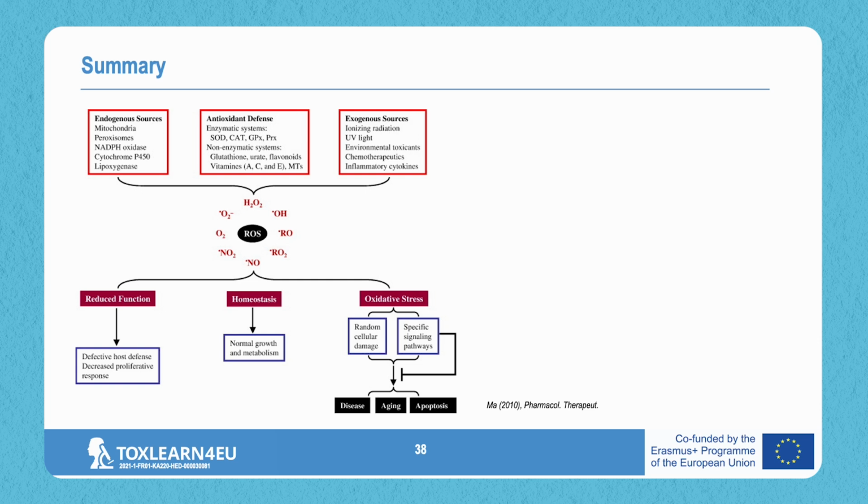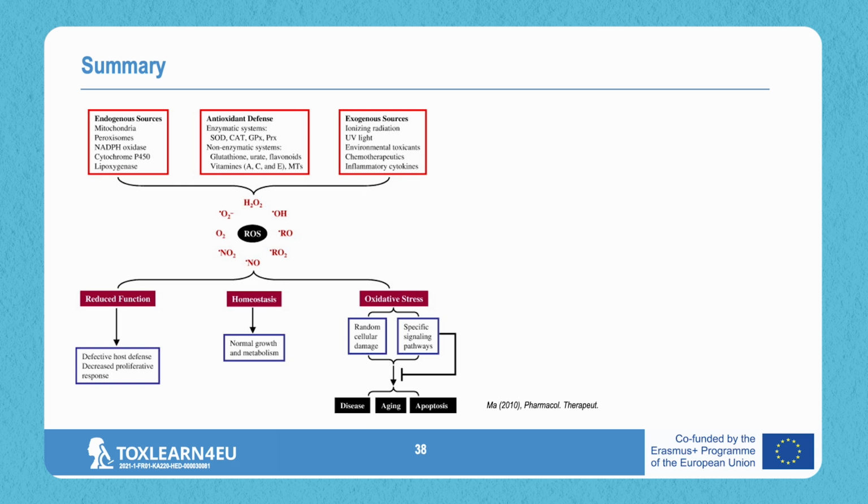So, in summary, the ROS signature, which is here envisioned in the middle of the figure, is very important to steer processes. And this ROS signature is a balance between the ROS itself and the antioxidant defense systems.